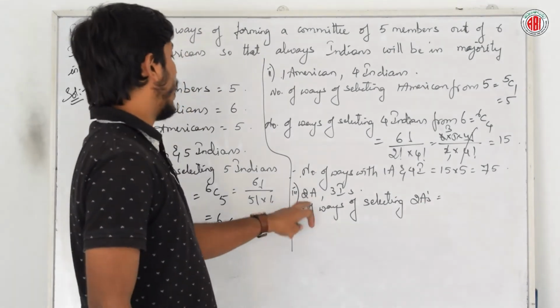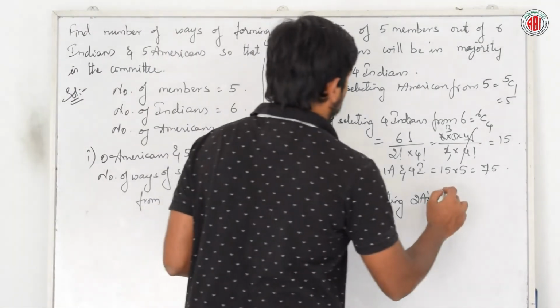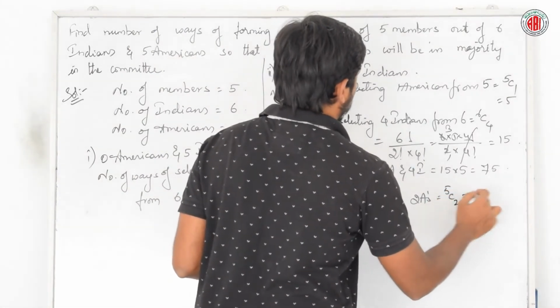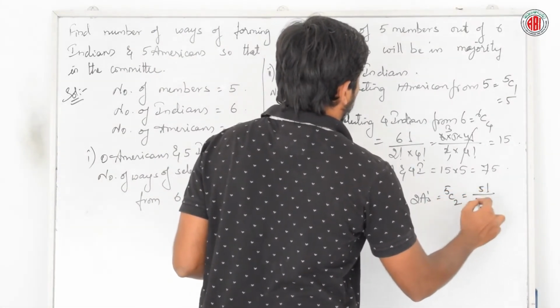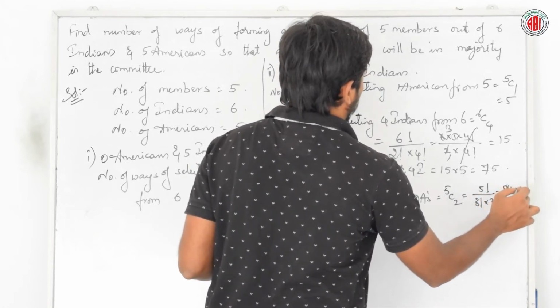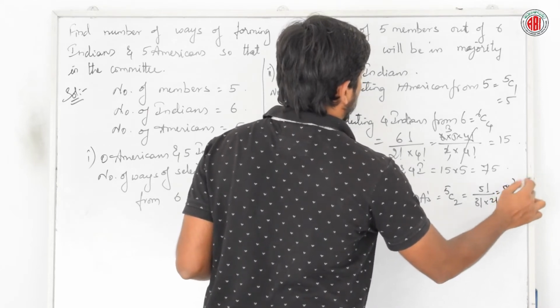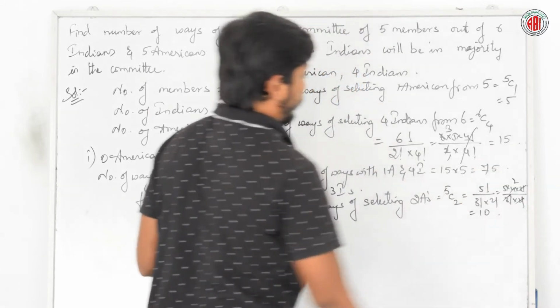How many? Out of 5 we are going to select only 2. That will be 5C2. What is the formula? 5 factorial by 3 factorial into 2 factorial. That is 5, 4, 3 factorial by 3 factorial into 2 factorial. These both will get cancelled. 2 ones are 2, 2s are, 5 2s are 10.